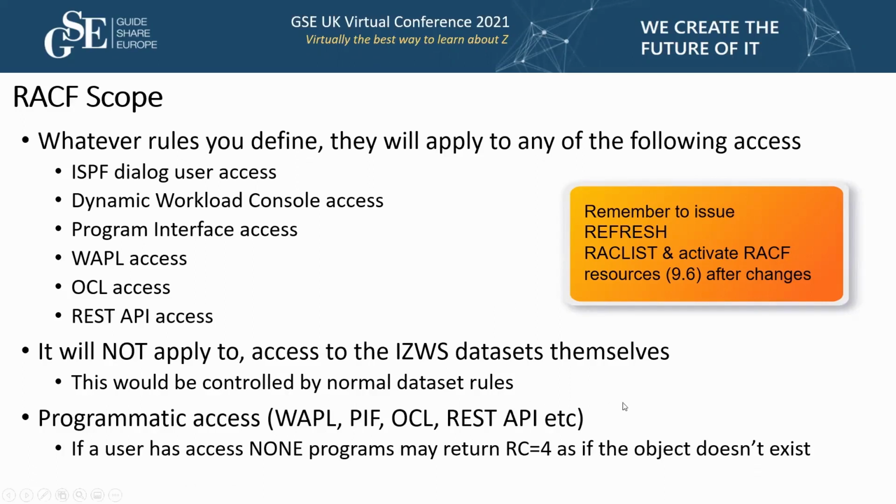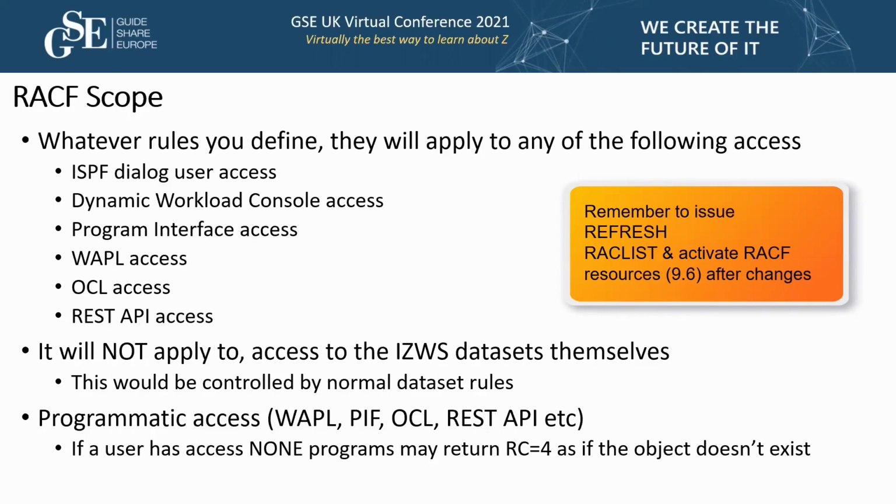One thing to notice, a byproduct of the user access of none is if you're using some programmatic feature like WAPL or PIF, OCL, REST API, etc., and you do a list for a specific thing in the database or the plan, and you don't have at least read access to that object, it will give you return code 4, which is exactly the same as if that item didn't exist.